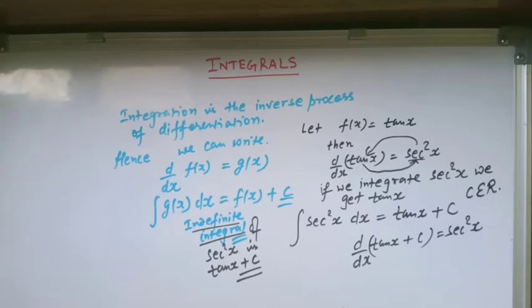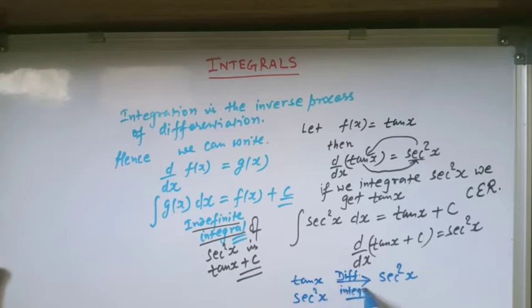So here we can write, if we differentiate tan x, we get sec square x, and if we integrate secant square x, we get tan x.